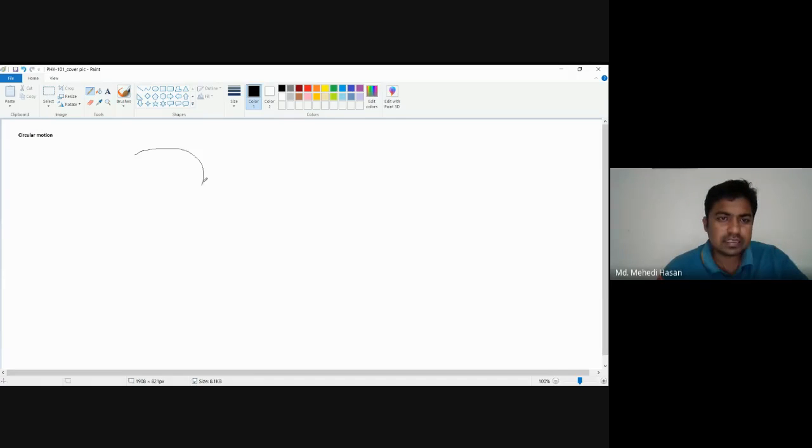Say this is a circular path and a certain object is moving in it, then we can say the motion of that object is circular motion. Or if we consider a path like that, which is a circular arc, and the object is moving in the circular arc, then the motion of that object is also called circular motion.